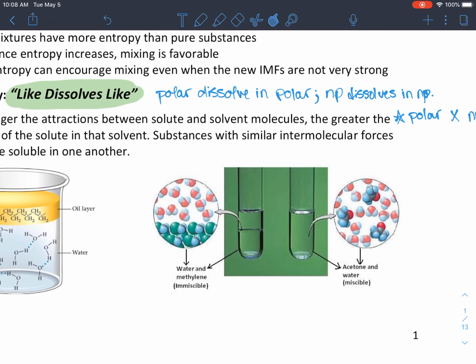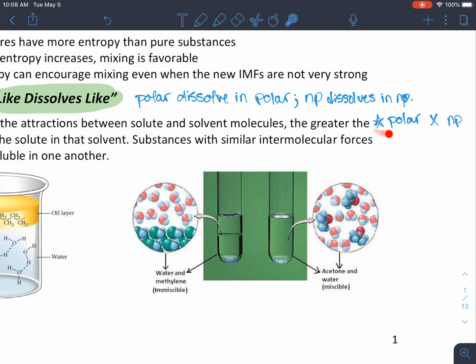So be sure to get that down. Polar dissolves in polar. So if we have a polar compound, it will dissolve in another polar compound. And nonpolar dissolves in nonpolar, but polar does not dissolve nonpolar, and nonpolar does not dissolve polar.